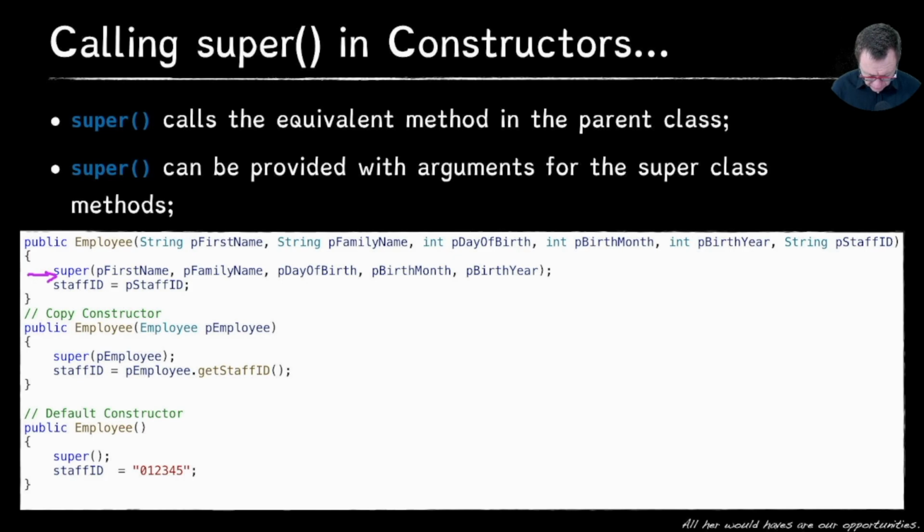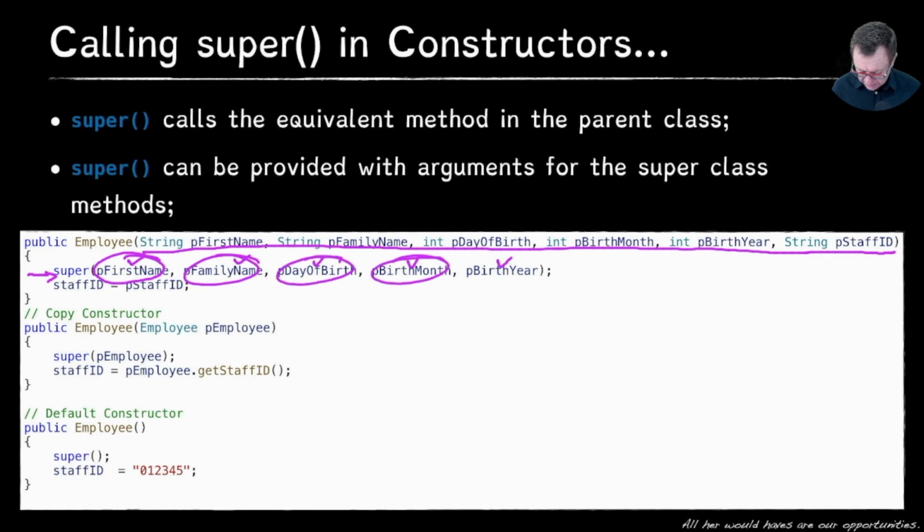Then you'll notice we've got firstName, familyName, dayOfBirth, pBirth, like that. These are all the parameters that are listed here. So we call super. Super is the superclass, the parent class. So it goes up to the constructor in that parent class and passes these into it.